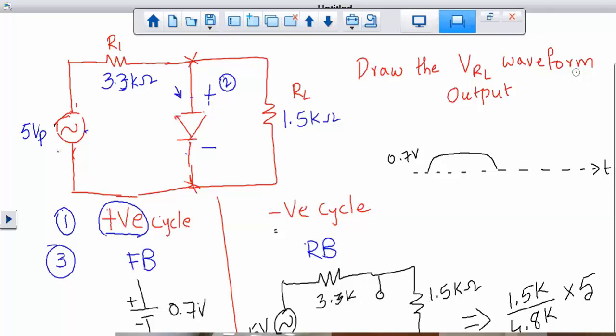3.125. So 3.125? It's the same as before. All right, so let me multiply by 10. So 1.56.